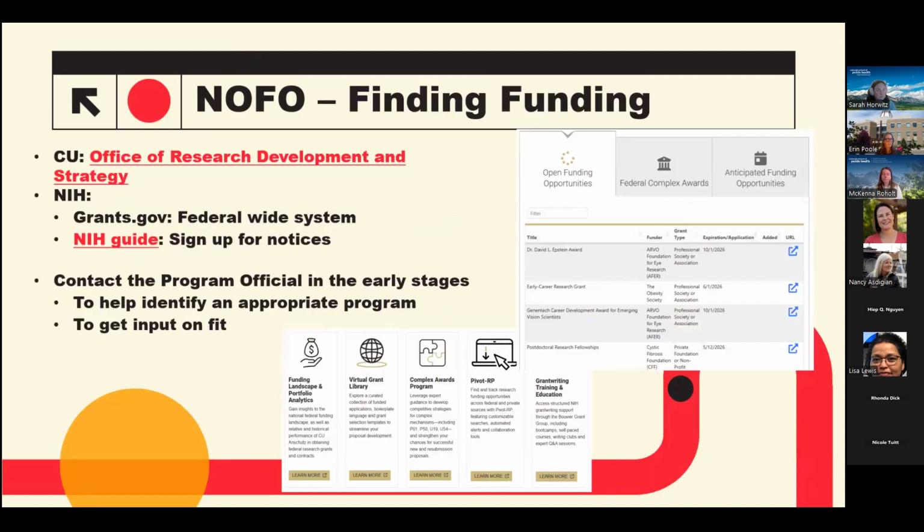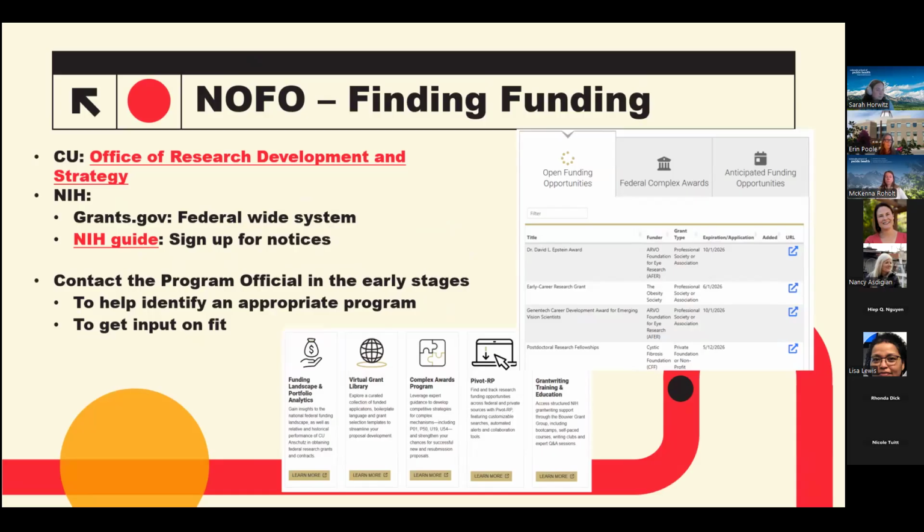Thanks, McKenna. So let's start at step one, looking for funding. As many of you probably know, the Anschutz Office of Research, Development, and Strategy has really great resources for finding funding and supporting grant writing. The screenshots here on the right are from their website, and they show you the mechanism where you can find open funding opportunities and look for anticipated funding opportunities as well.